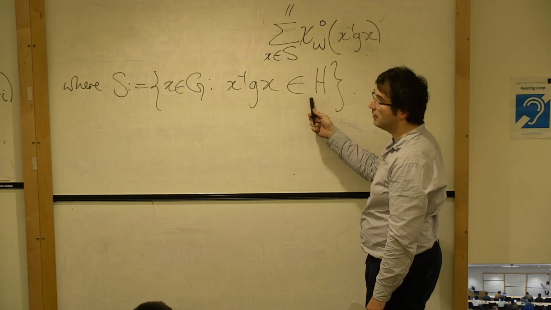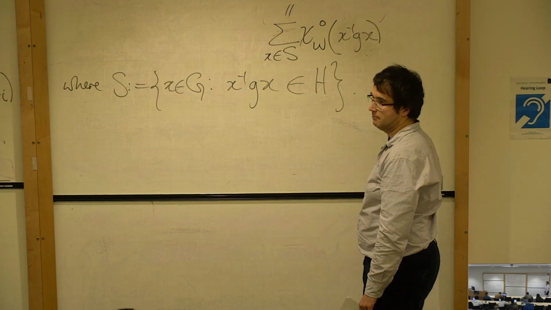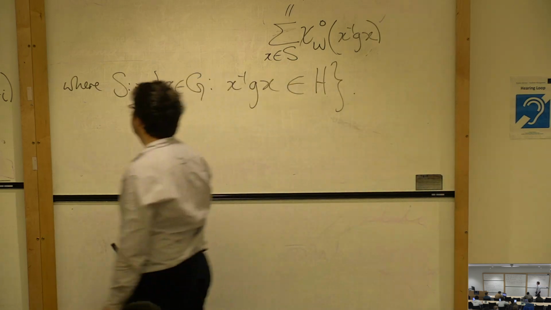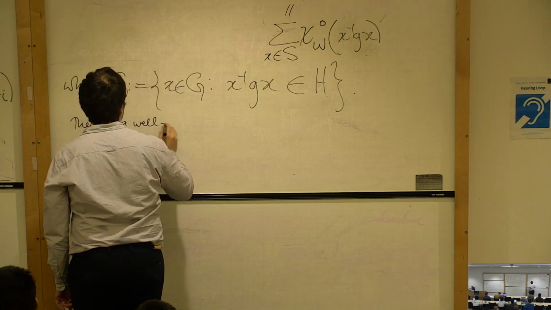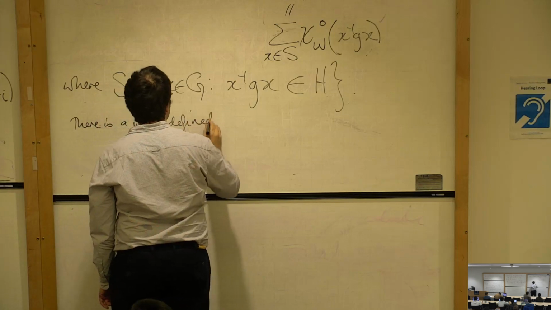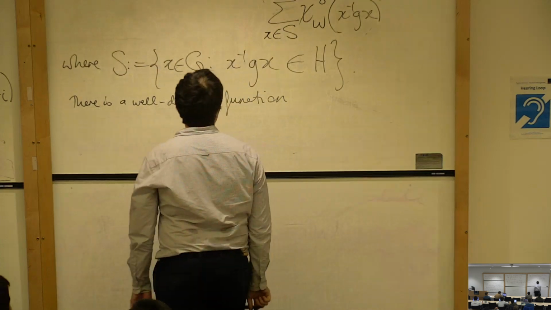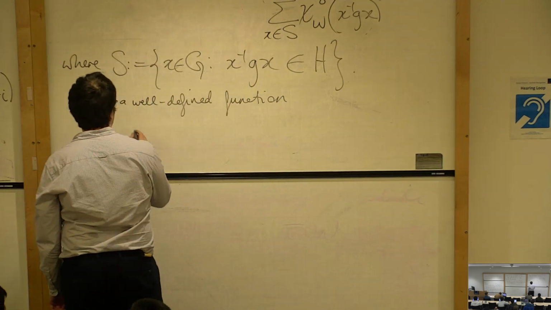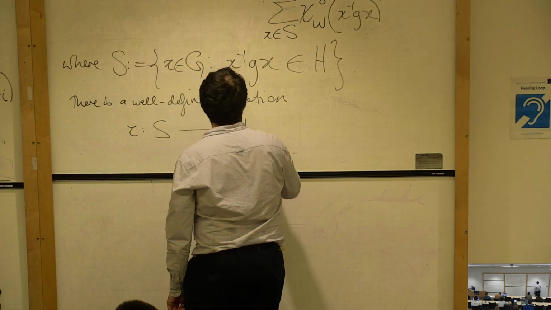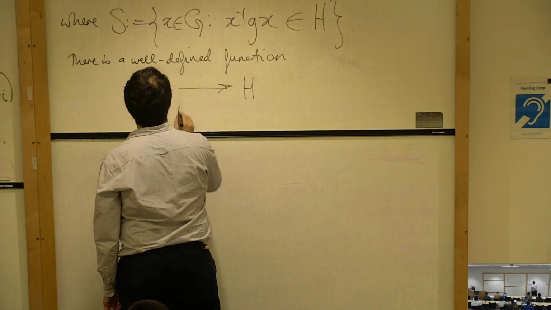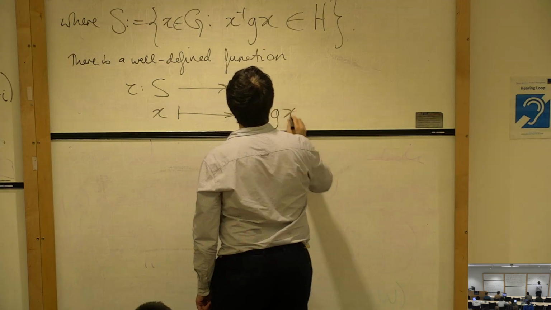This set is fibered over H. There is a function from this set into H. Little g is fixed. I don't really know what to call it. Something. τ from S to H sends x to x⁻¹gx.